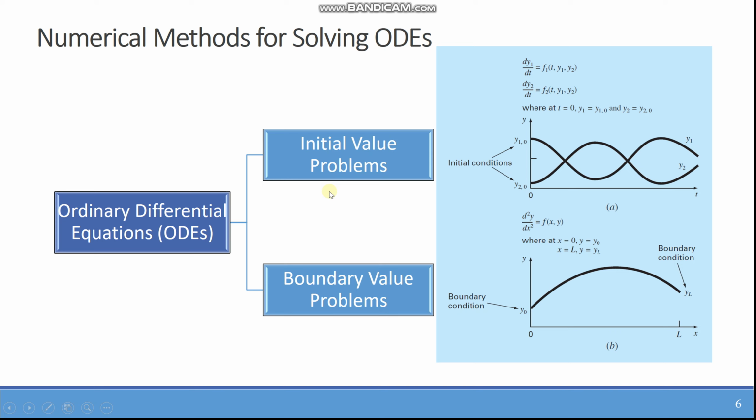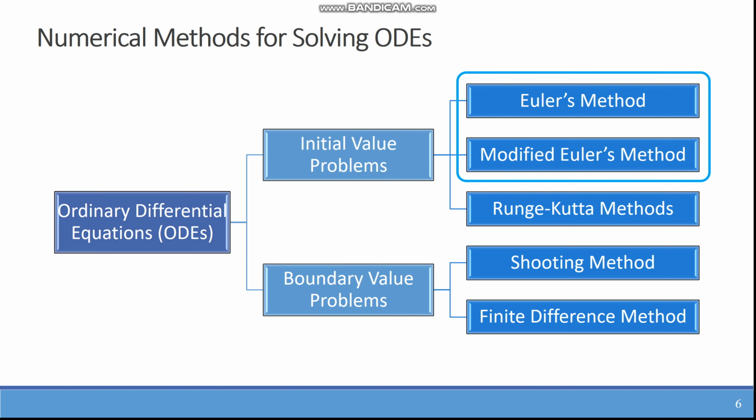we'll look at the methods to solve or to estimate, in the sense of numerical analysis, the solution of these ODEs. So unsa man tong mga methods involved. In the initial value problems, actually we have several methods, but we are only going to discuss three numerical methods.